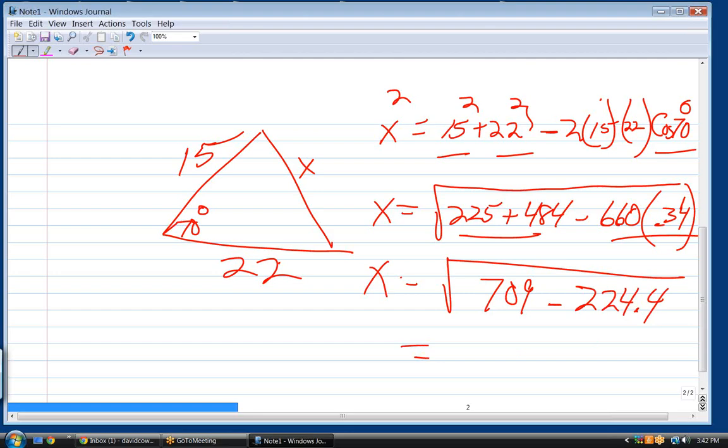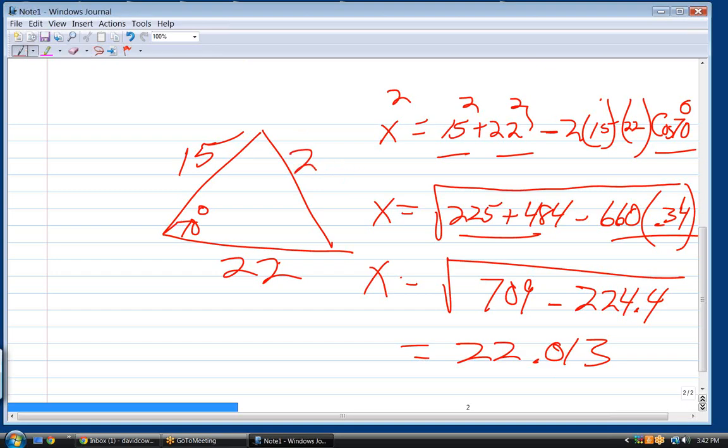It is, hold on a second, I gotta find it. 22.013. How much do they want you to round it off to? The nearest whole number, so 22.